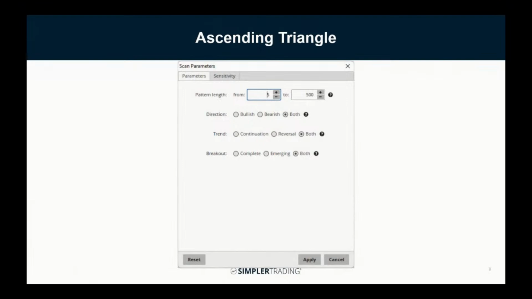For direction, a lot of this stuff is relatively self-explanatory, but this is for the direction that we are anticipating the trend to move after completion, right? Bullish, bearish, or both. Then we have trend, where we can specify whether the pattern should continue or reverse the preceding trend. And then breakout, where we can specify whether we're looking for a breakout that is already completed, one that is emerging, or scan for both.